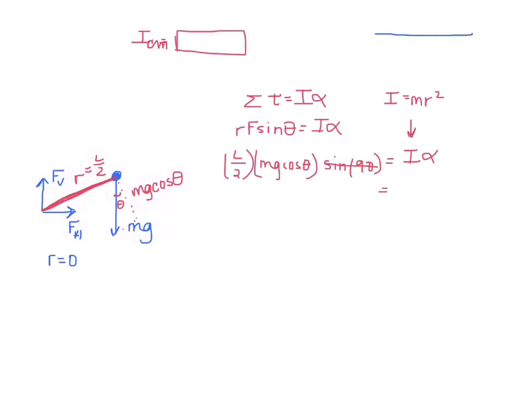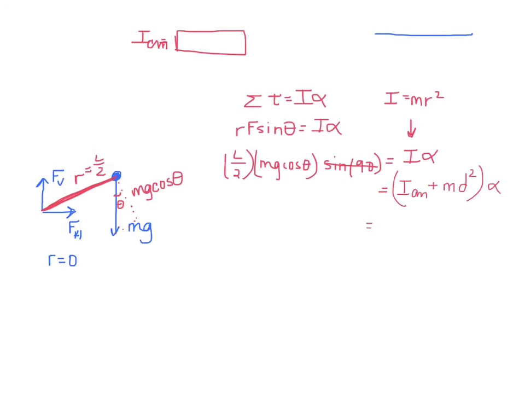So what we can do is actually use the parallel axis theorem, which is the moment of inertia about the center of mass plus the total mass times the distance that the axis of rotation has moved from the center of mass.